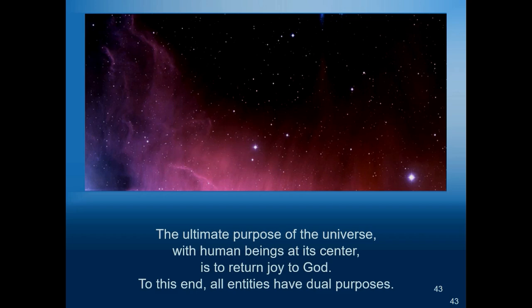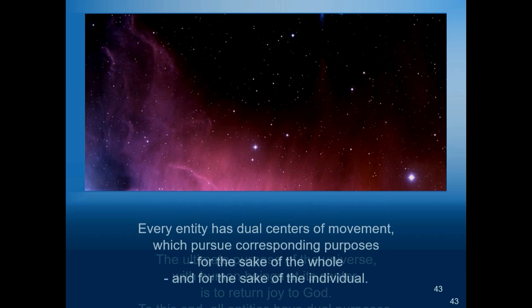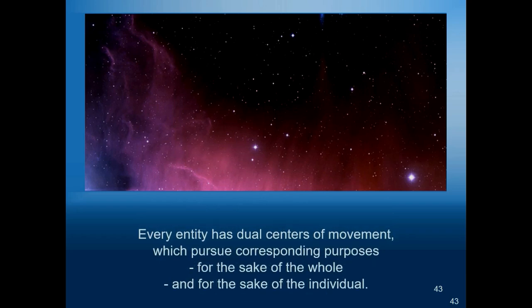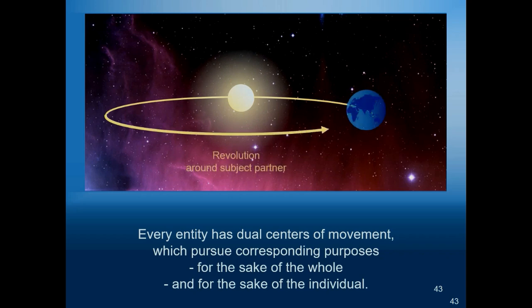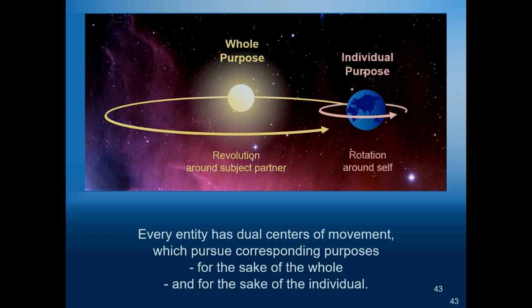To this end, all entities have dual purposes. Every entity has dual centers of movement, which pursue corresponding purposes for the sake of the whole and for the sake of the individual. We can see the whole purpose in the example of the solar system, the planet Earth.